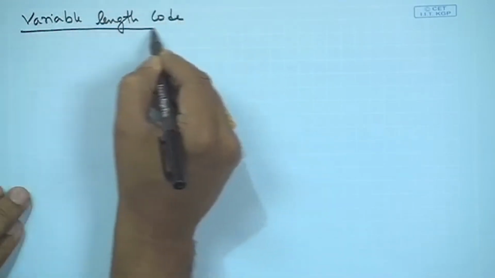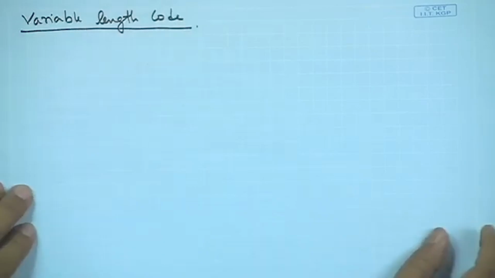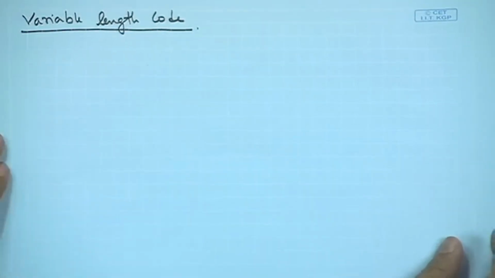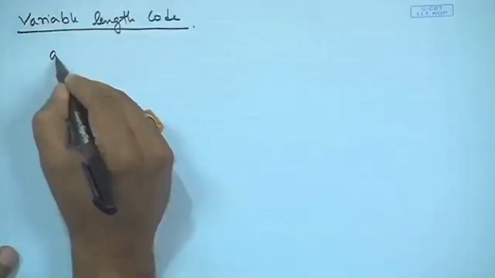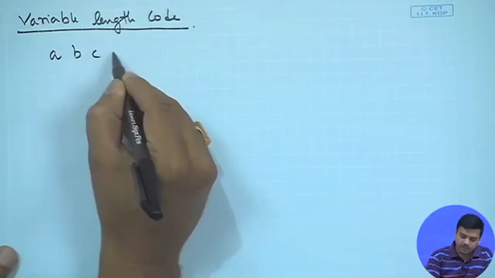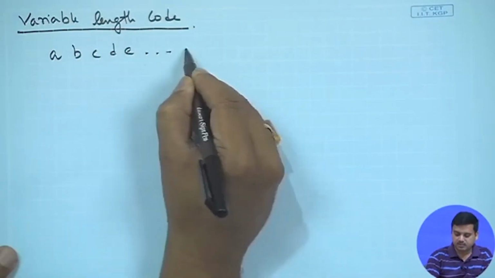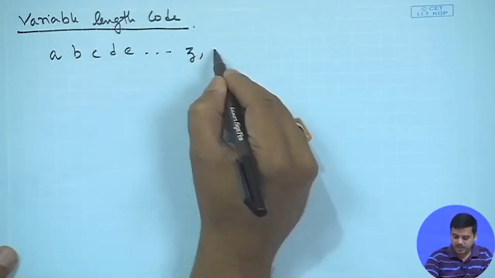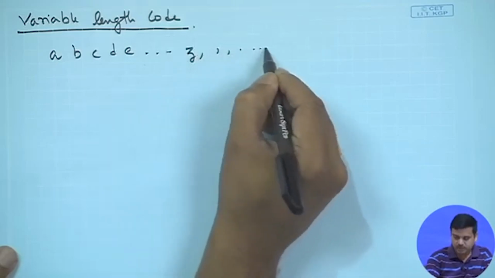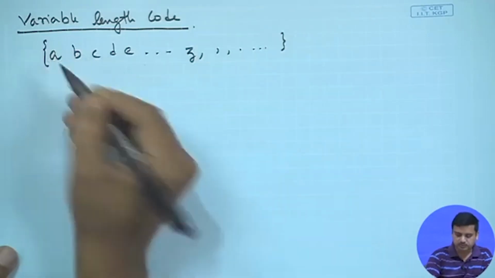Now, why we move to variable length code is simple, because of the sources that we have used, these letters, let us say A, B, C, D, E, up to Z, and a comma, a full stop, and all these things together.